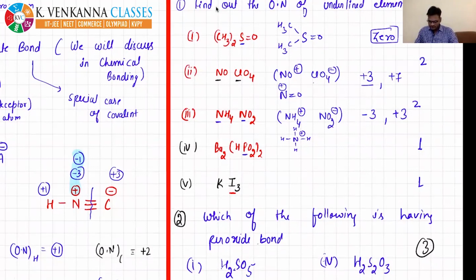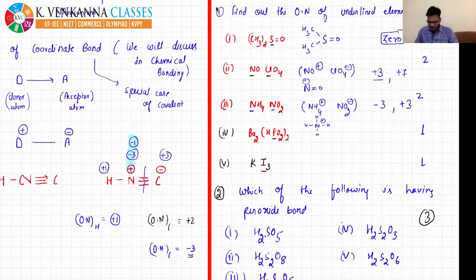For the fourth one, if you solve this, I have written like this, or you can easily write it like this, BaHPO2, right? You already know barium has a +2 charge. That is very certain. So this will be like HPO2 -2. Just a second, I might have written it wrong.